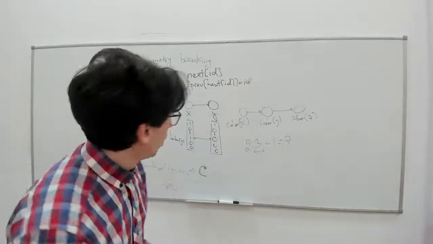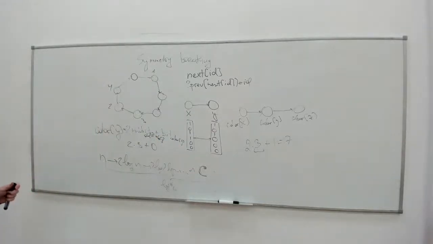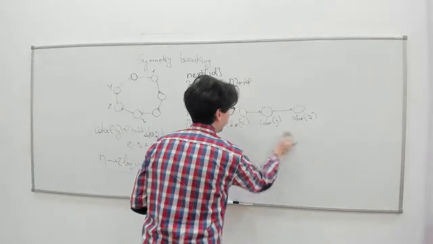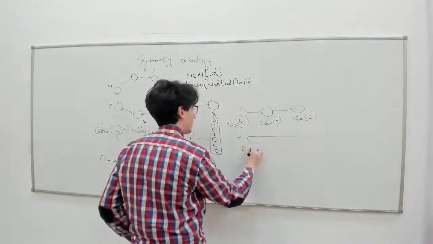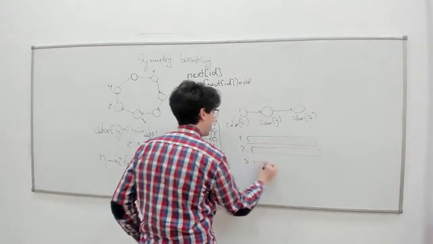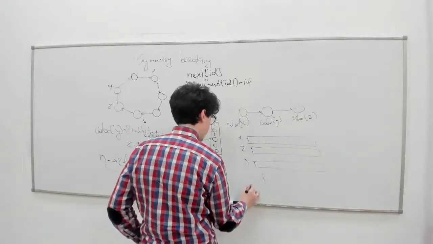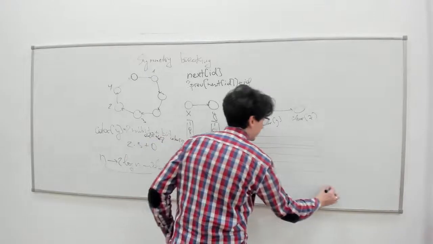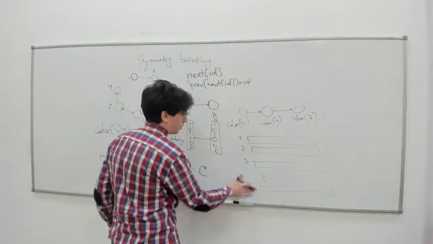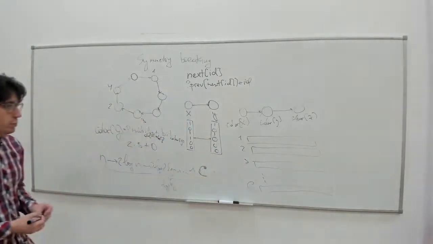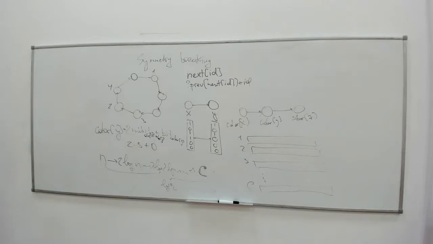But luckily, we can split these vertices into groups of the same color. So we have the first color, the second color, the third color, and so on. Let me say that there are C colors.